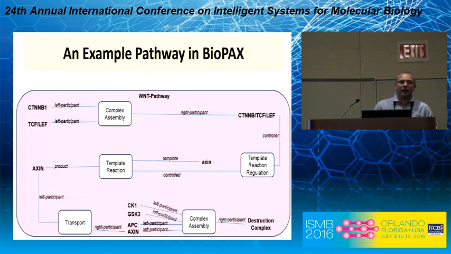This is an example of a pathway specified in BioPAX. What we see here are the BioPAX pathway concept, that big box. And we see also BioPAX interaction concepts such as complex assembly, template reaction, and BioPAX physical entities such as CTNMB1, AXIN, and BioPAX properties which connect the BioPAX concepts to each other with certain restrictions.